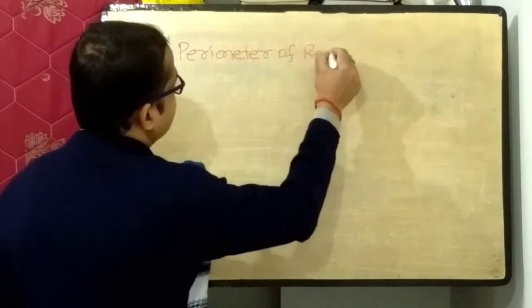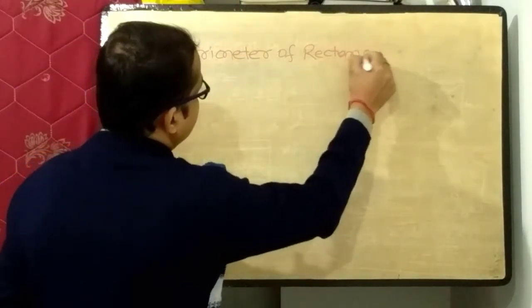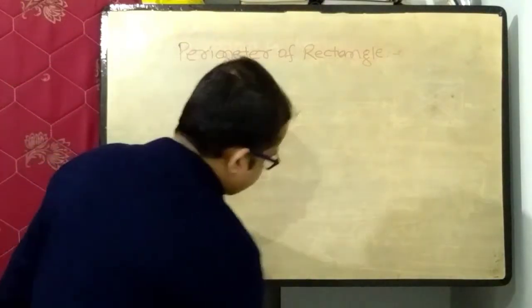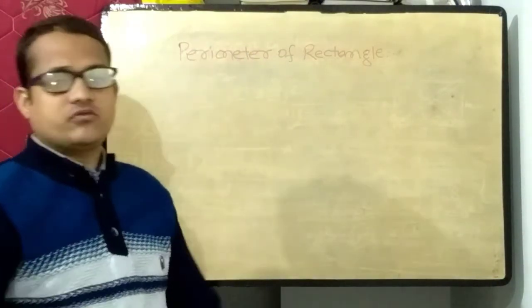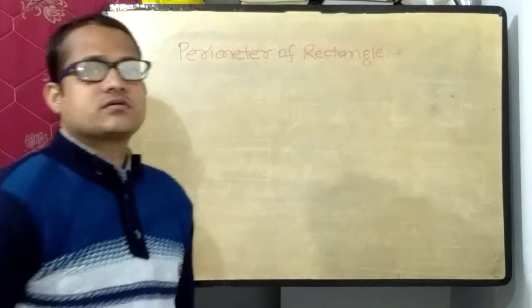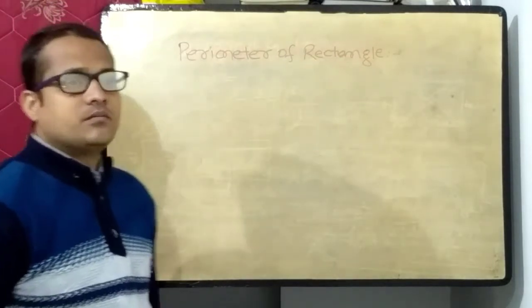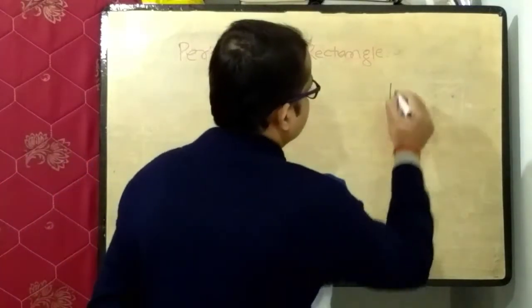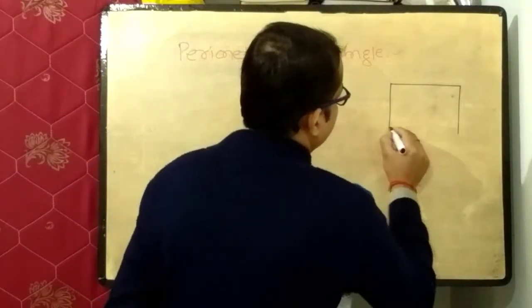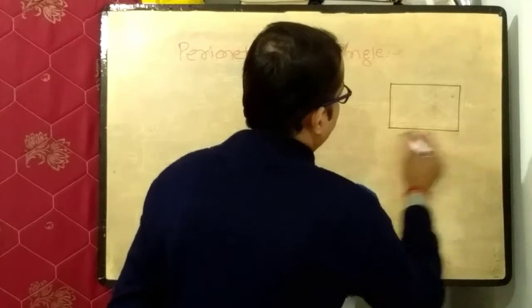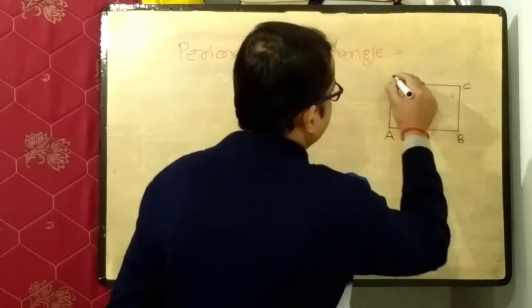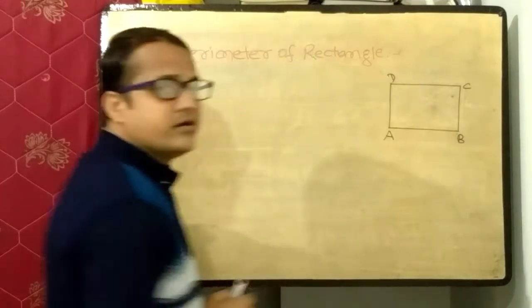Perimeter of rectangle. What does perimeter stand for? Suppose this is a closed figure having sides AB, BC, CD and DA.